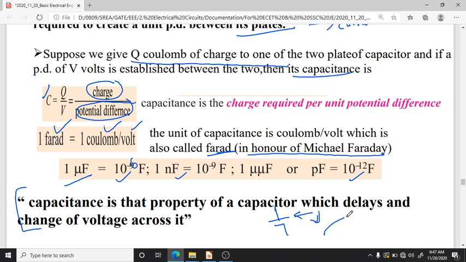It increases that voltage slowly, because the stress has to be developed slowly, otherwise it won't accept it immediately. That is the nature of the capacitor. So capacitance is that property of a capacitor which delays any change of voltage across it. This is a main important point.